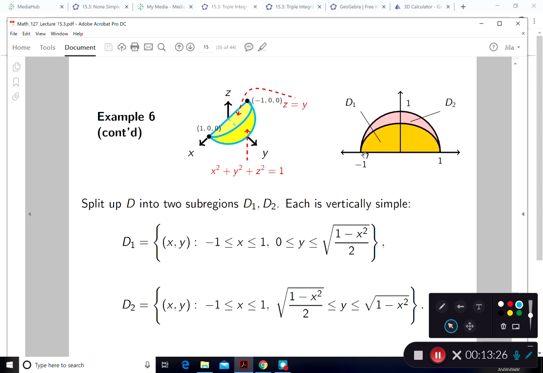And so this is the shape: x squared plus 2y squared equal to 1 when you plug in z equal to y.